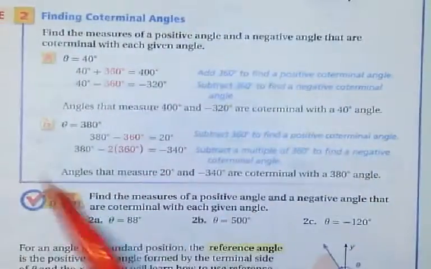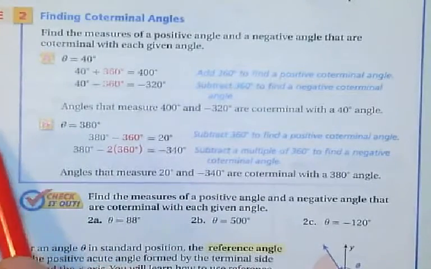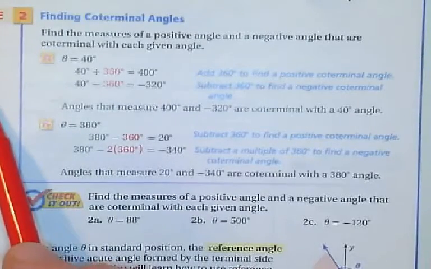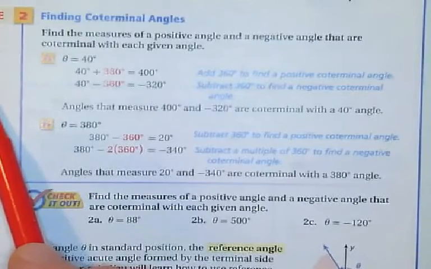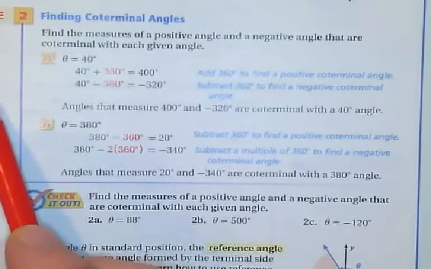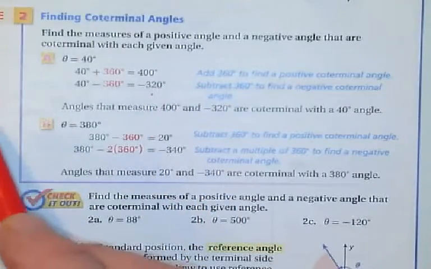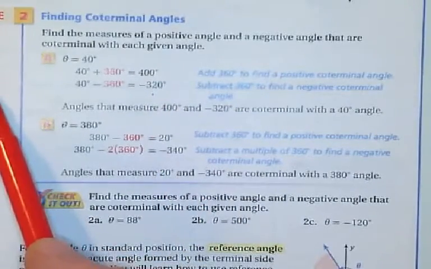Right? That's 40. Now, if I wanted to know another angle that's the same as that, I could take 40 and subtract 360. That would give me negative 320. So if I went around this way, negative 320 would land right on it.